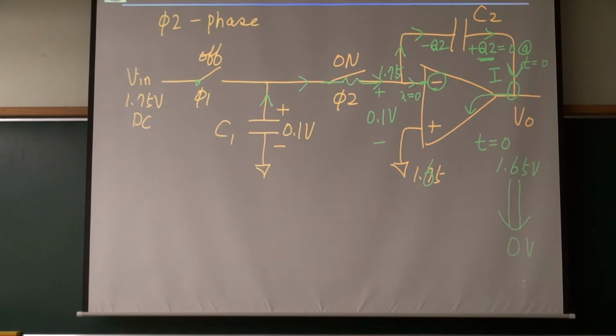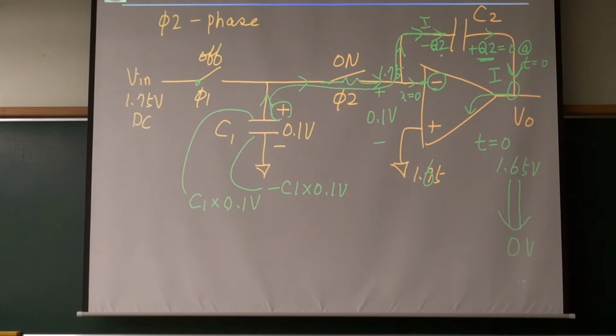The charge on C1 will be C1 times 0.1 volt here, and there will be minus C1 times 0.1 volt there, right? This current comes from that charge. Because this is a positive charge, a large current quickly flows through here.